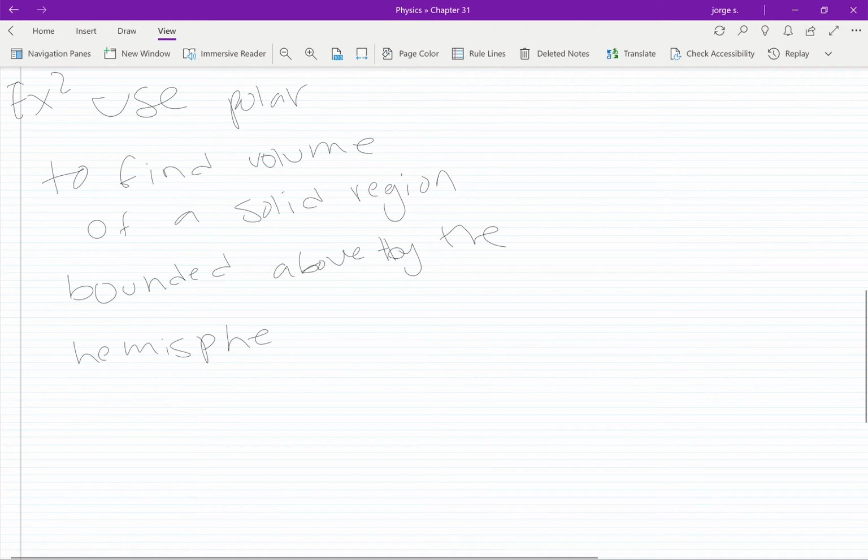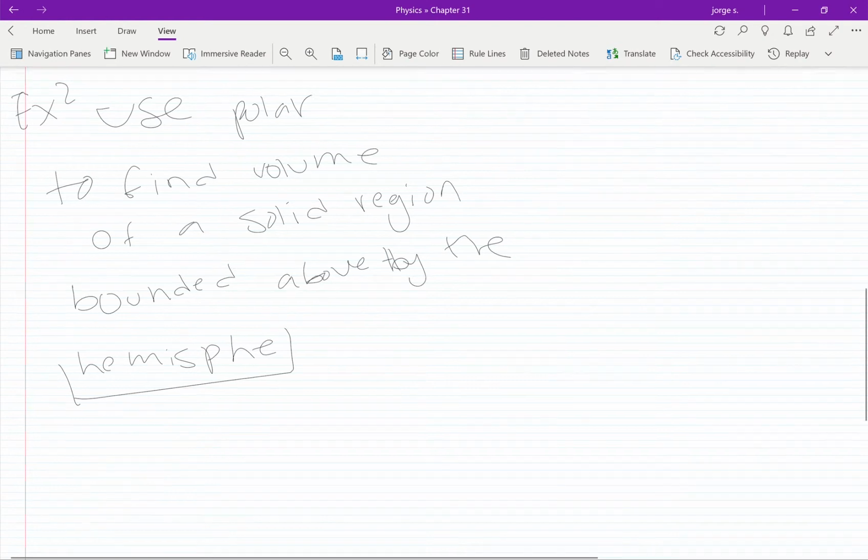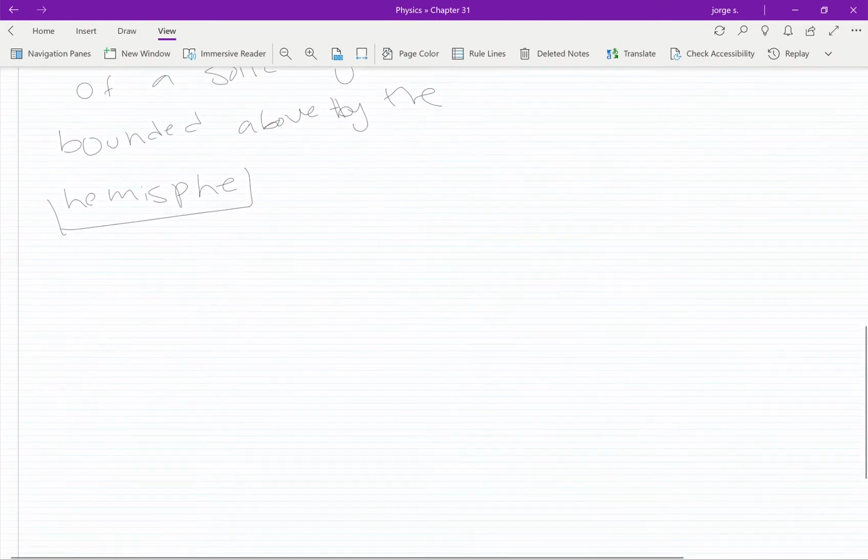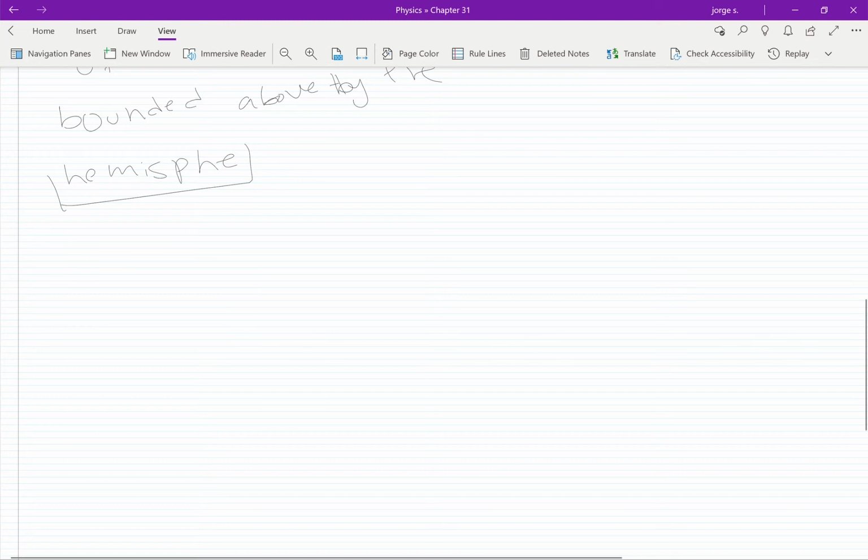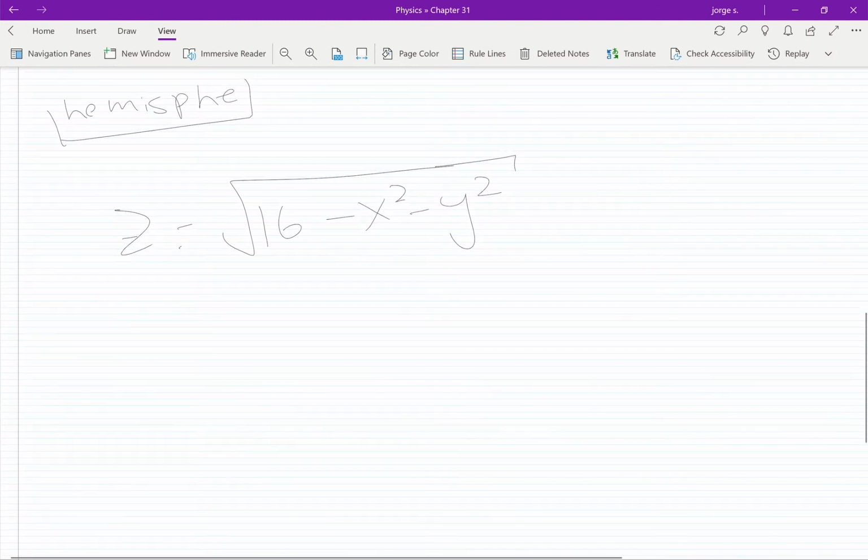As you can see, hemisphere, it's something that would be like a circle. Anything that has to do with polar. So we have z equals square root of 16 minus x squared minus y squared. So that is in rectangular. So we know x squared plus y squared is less than or equal to 4.